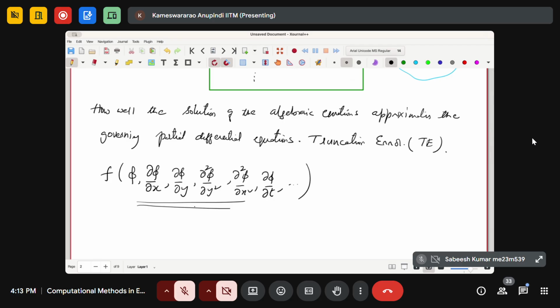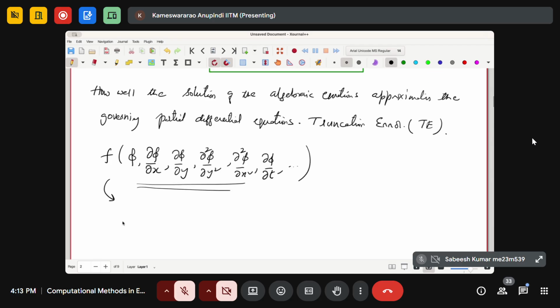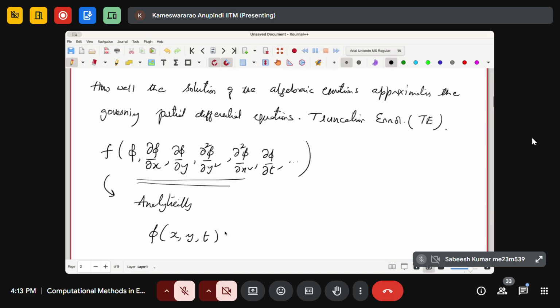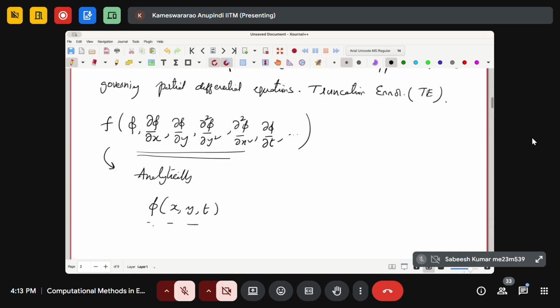Now, if I'm able to solve this function analytically, then I'm going to obtain some solution phi, which is a function of x, y. If I'm looking at two-dimensional space, if it is three-dimensional, it will be x, y, z, and if it is unsteady, I'm going to get some phi of x, y, t. Here we realize that phi is a continuous function.